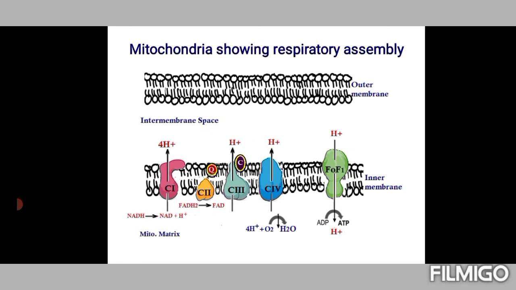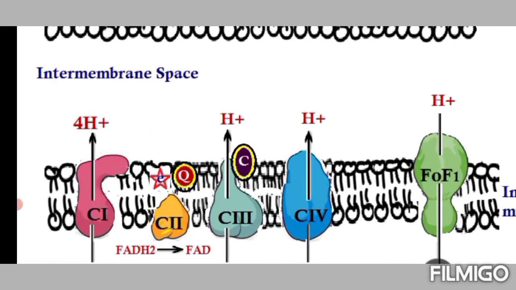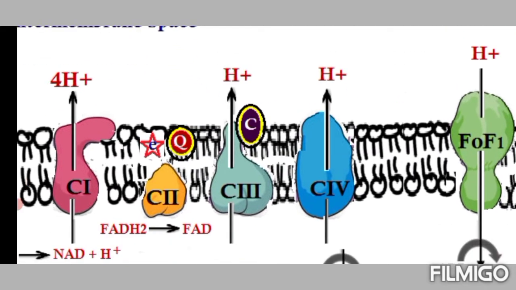Now this is what happens, and as a result the electrons in complex 1 get passed to ubiquinone. So this is ubiquinone shown here. Ubiquinone accepts electrons and gets reduced to ubiquinol.